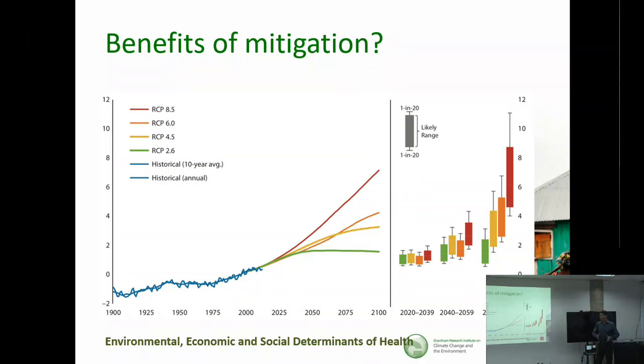When we think about the benefits of mitigation in climate change talk, it's in terms of switching from a high emission scenario to a lower emission scenario. We do it in terms of these RCPs. We heard about RCP 8.5 to 4.5 before.